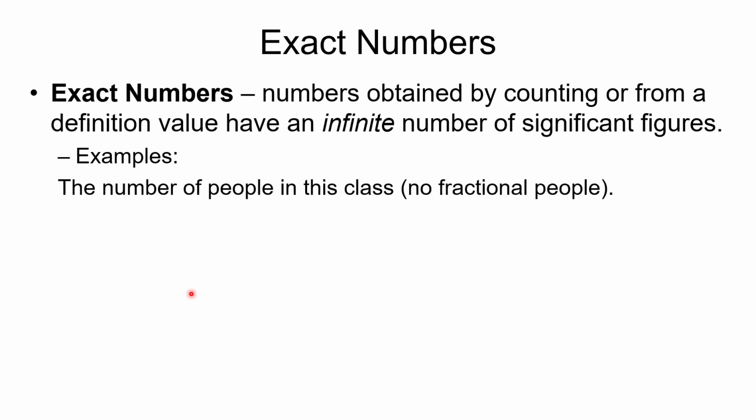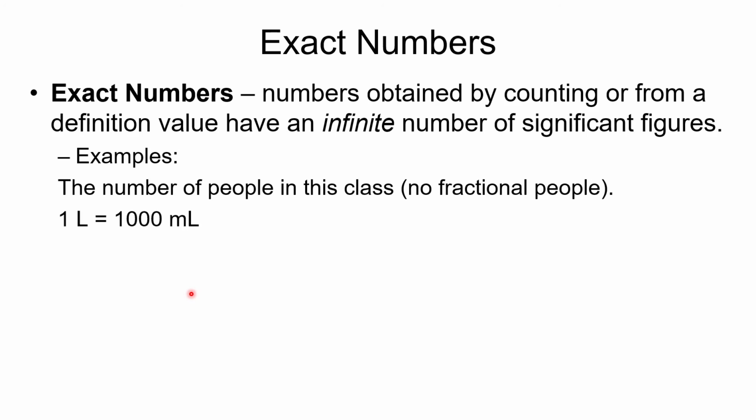So for example, the number of people in this class. If I were to go around and count all the people who are registered for the class, it is going to be a whole number. There will be no fractional people. You're either registered or you're not. So that is absolutely certain. You can count that.